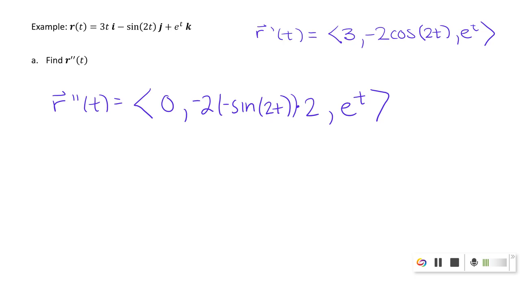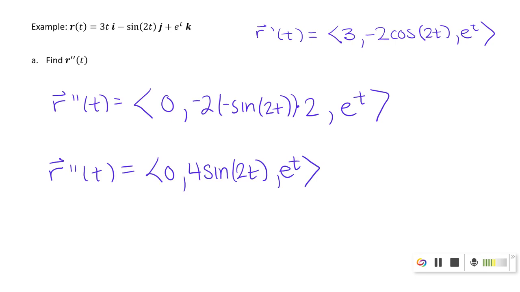Then I have to use the chain rule again on that middle component: negative 2 times negative sine of 2t, and then again times 2, that's my chain rule. And the derivative of e to the t is e to the t. So I would write my second derivative as the vector-valued function 0, 4 sine of 2t, e to the t.